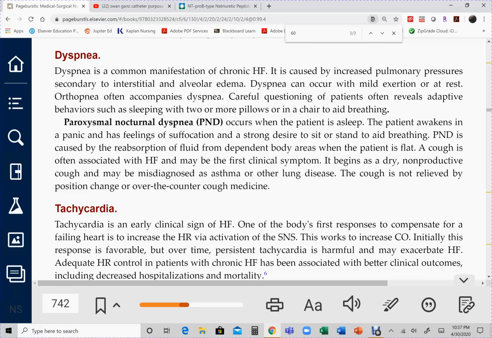Paroxysmal nocturnal dyspnea is almost exclusively seen in patients with heart failure. This happens at night, obviously. So the patient here is awakened. They have this feeling of suffocation because there is reabsorption of fluid back into the body.